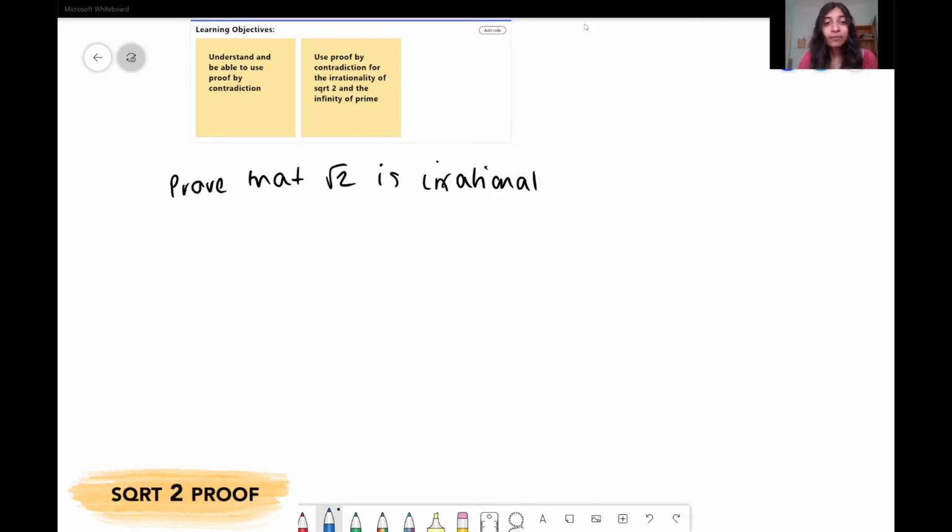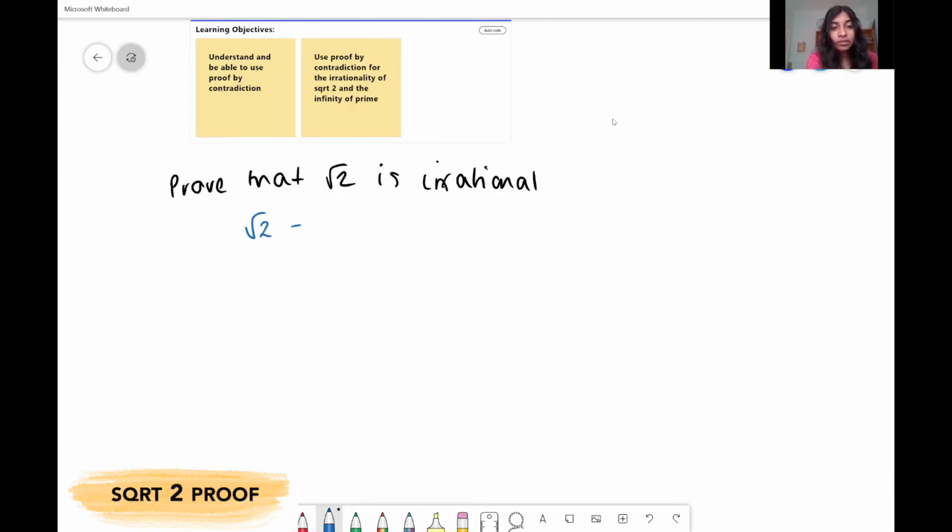So if we have: prove that root 2 is irrational, as I said before, the first step is to say that root 2 is actually rational. If you remember what a rational number is, that's a fraction. So you could say that root 2 is equal to a over b, so that's a fraction, where a and b are integers, and the fraction is in its simplest form.